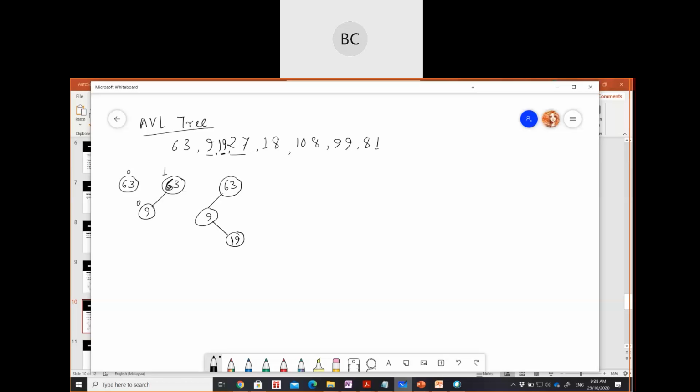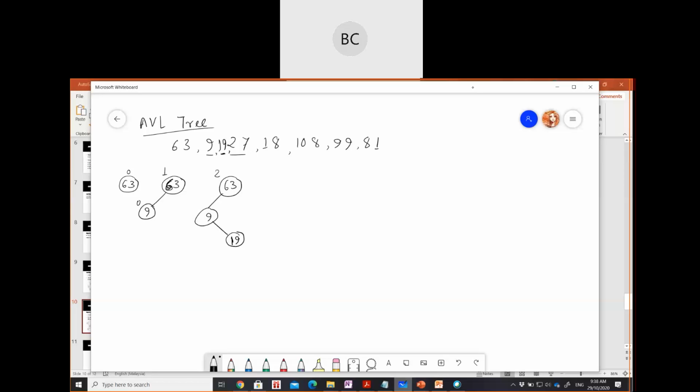So now you check the balance again. What will be the balance factor for 63 now? For this node, what will be the balance factor? It will be 2. Why?